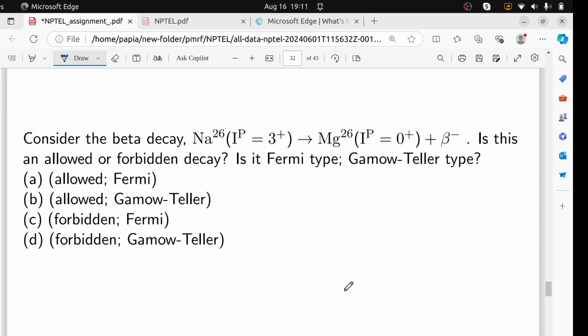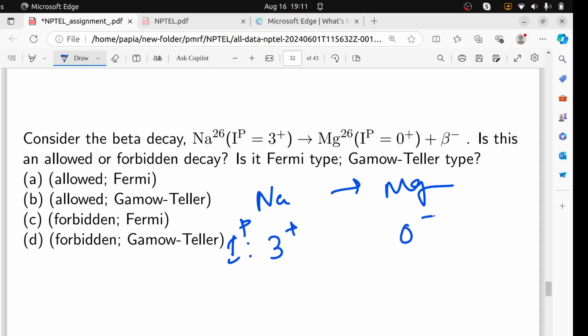Is this an allowed or forbidden decay? Is it Fermi type or Gamow-Teller type? First of all, we need to check for Na and Mg. What is IP? IP is 3 plus, it is 0 plus. So what will be the delta I value? Delta I value is 0 minus 3, that means minus 3. And parity.